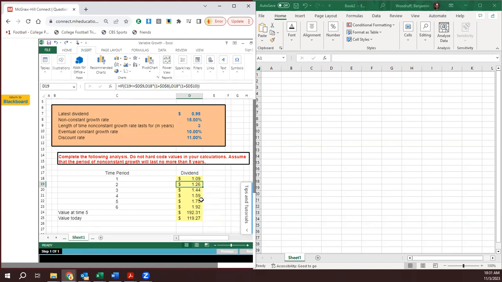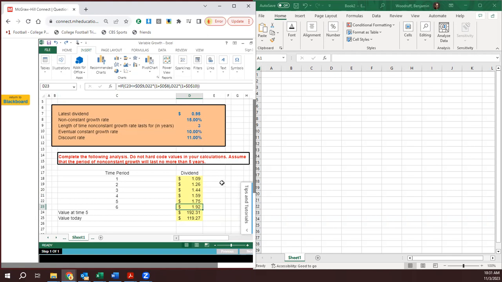If that is not true, then it means we're in years 4 and further, and then the false is multiplying the previous dividend times 1 plus the constant growth rate. So it's going to do these checks for each of those, and it's going to multiply it by the appropriate growth rate.